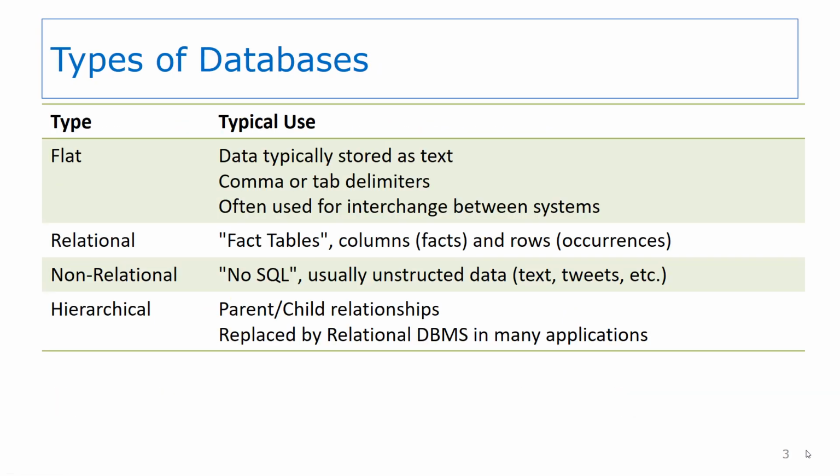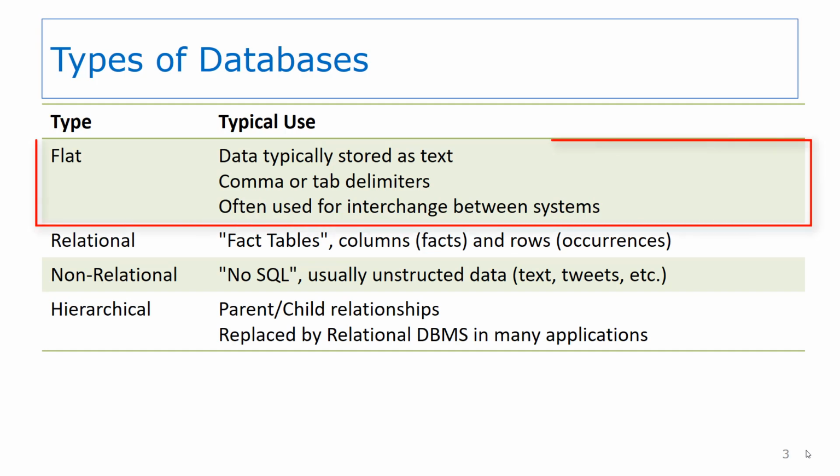On this slide, you see some of the types of databases that you might encounter. A flat database, sometimes referred to as a flat file, is not really a database. Instead, it is a text file in which each fact, sometimes referred to as a field, is separated by a comma or by a tab character.